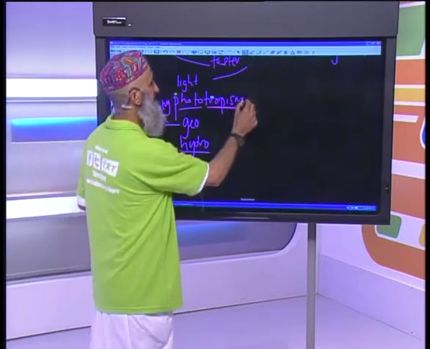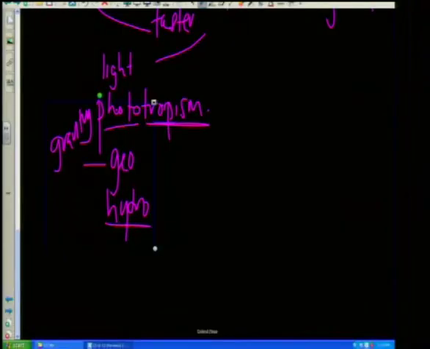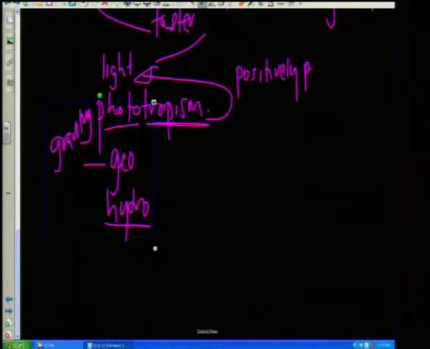So phototropism is bending movements of plants towards the light, or away from the light. And geotropism is towards or away from gravity. If a particular part is moving towards the light, we say it is positively phototropic. If it moves away, then it is negatively. The same with gravity.